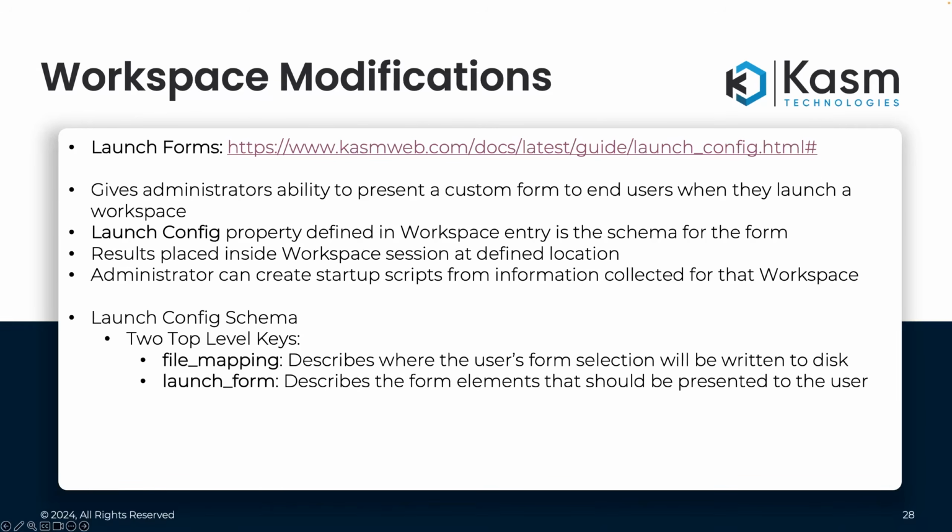So some examples here would be if you're trying to connect to a VPN service and you want to tell the workspace what endpoint you want to go to, or if you're trying to pass it a password to connect to an API service, or if you're trying to pass some information to a script for it to do some repetitive action, and how many times you want it to perform that action. Using launch forms can help you achieve these types of workflows by presenting your users with a form to collect that information.